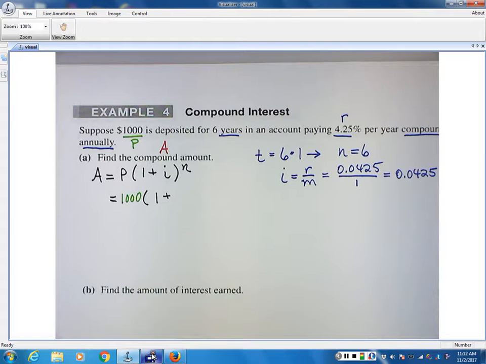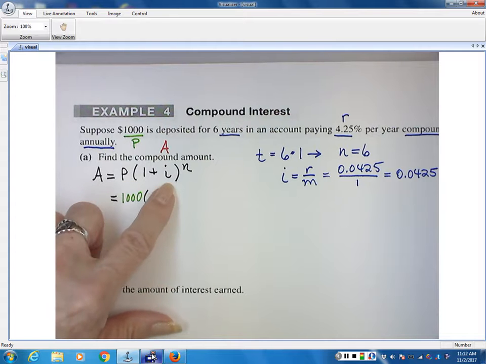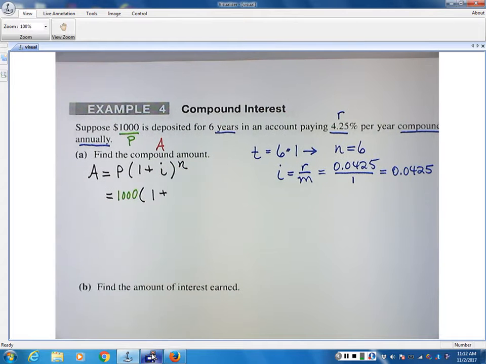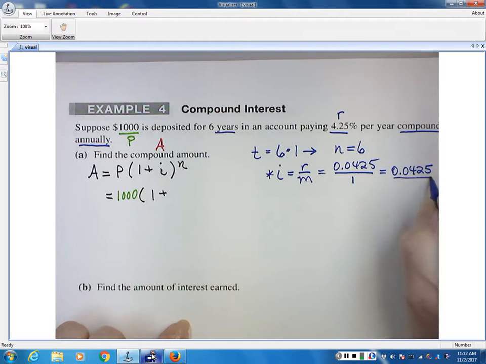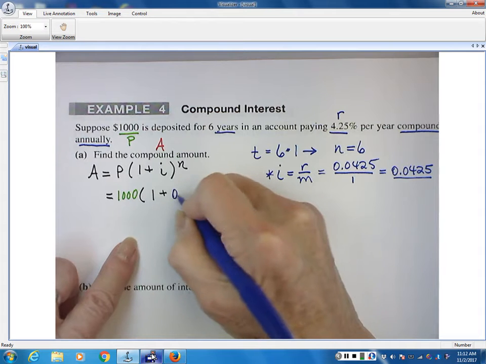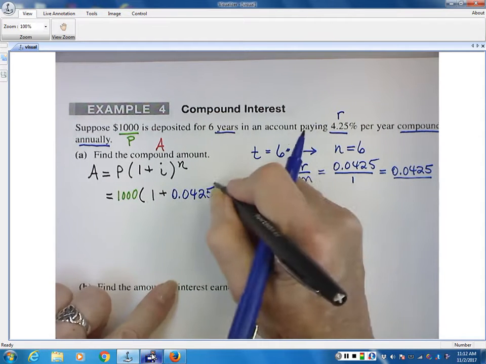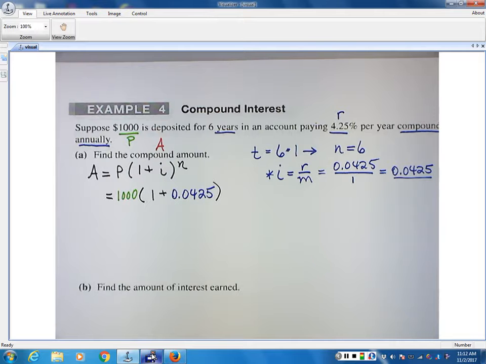The formula says A equals P times 1 plus I, the interest rate, and then the power N. Just N. So P is our $1,000. Our interest rate is 0.0425. And then the power on the outside is going to be the number of compounding periods, which in this case was 6.